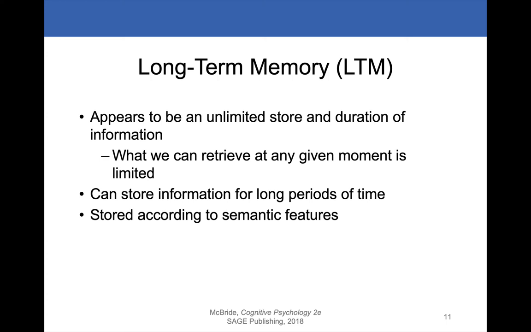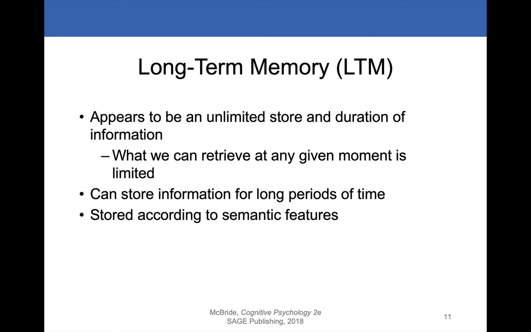Memory stored in long-term memory is stored according to semantic features. In other words, it's stored according to meaning, the meaning that we attach to the words that define the different concepts and attributes of the thing that we're trying to remember. So if you're trying to remember a picture of a large blue bird, the semantic features that are going to be used to store that thing are the large, the blue, and the bird.